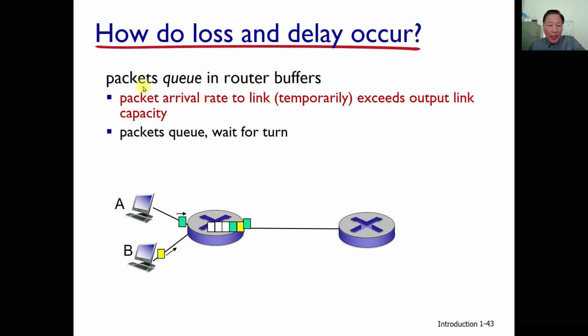Okay, let's follow this one. Packet queue in router buffers and packet arrival rate to the link. If that is exceeding the output link capacity, that is, arriving more than departing packets, then packets will be queued, that will be waiting in this waiting buffer, and waiting for transmission.